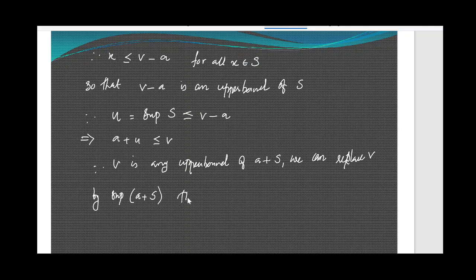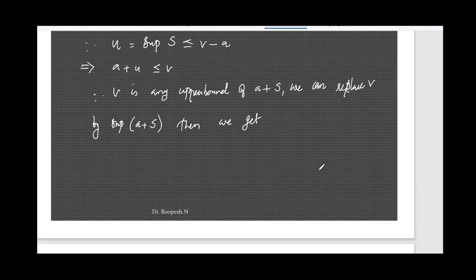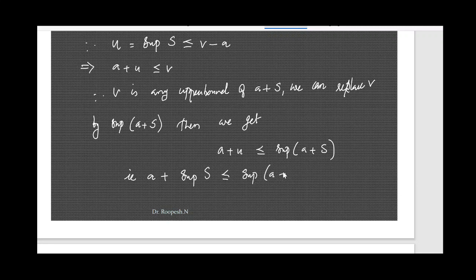Then what we will get? A plus U is less than or equal to the supremum of A plus S. So I have replaced V with the supremum of A plus S. That is, you can write it as A plus, what was U, supremum of S, less than or equal to supremum of A plus S. Right?